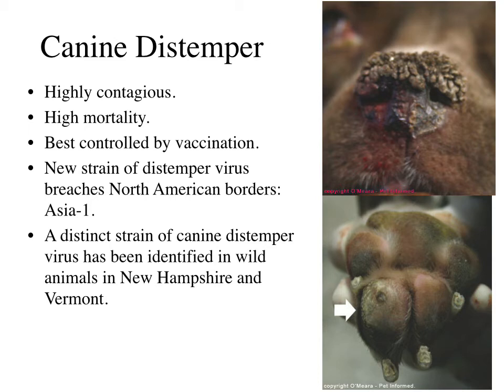Because it likes to infect and damage epithelial cells, canine distemper also tends to infect the outer skin of the dog. This damage results in a number of different kinds of skin lesions, the most frequently being the hard pads on the feet and the hard nose, which can be a real distinctive sign.